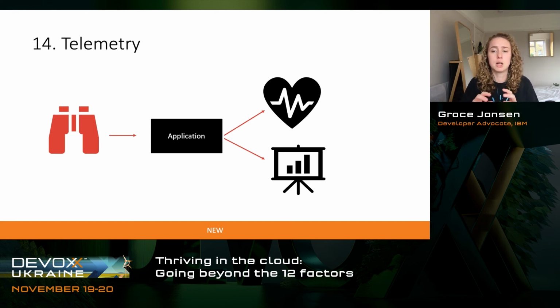The concept of telemetry wasn't among the original 12 factors. It's been introduced now that we have greater evolution within our infrastructure. Building applications on your workstation affords you luxuries that you might not have in the cloud. That's why it's really important that we have telemetry in this distributed environment. It allows us to have access to how our application's doing, whether that's health or metrics.